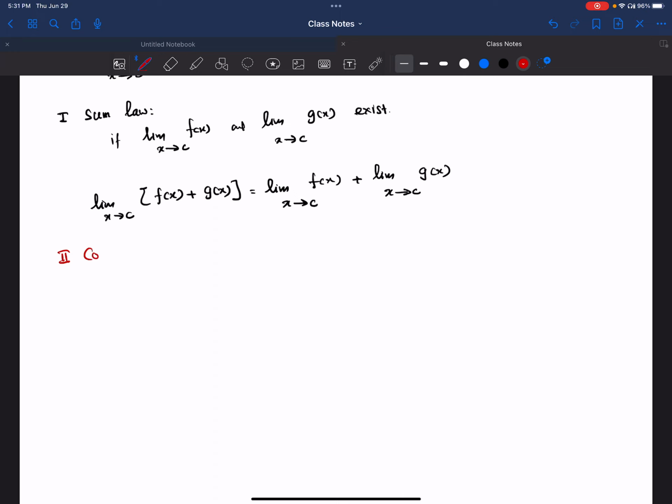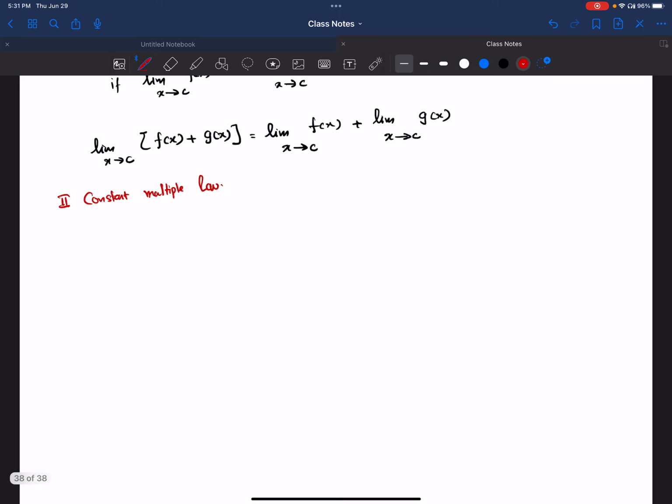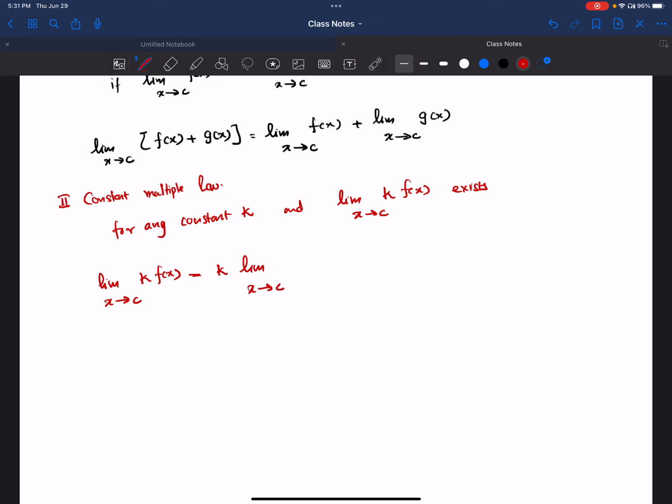And the second one is called the constant multiple law. For any constant k, if the limit as x goes to c of k times f of x exists, then the limit as x goes to c of k times f of x is equal to k times the limit as x goes to c of f of x.